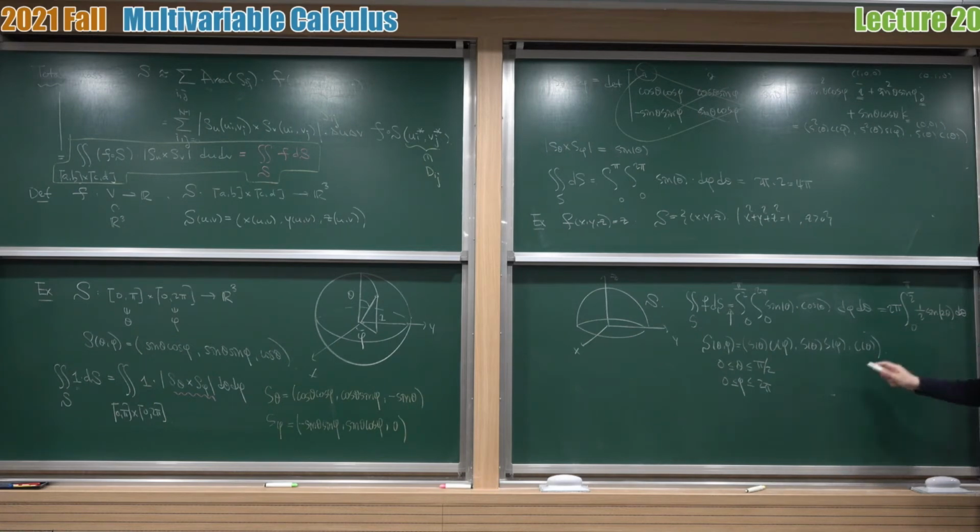So this is pi times [1/2 minus cosine 2 theta] evaluated from 0 to pi over 2. So what is it? It's minus 1/2 pi times (minus 1 minus 1), right? So it's pi.